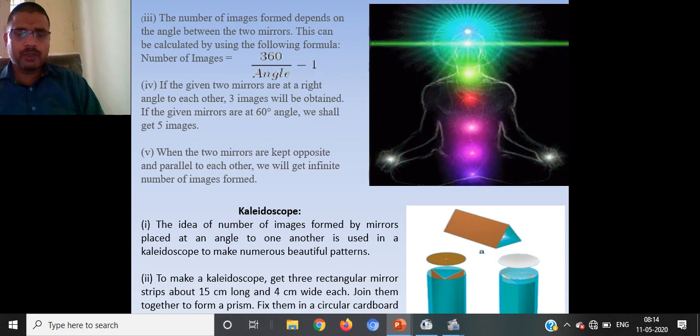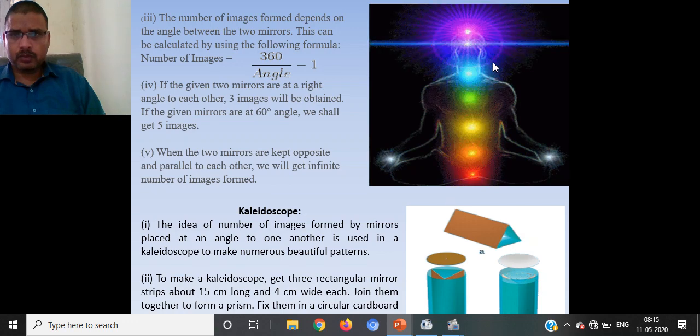Now today I am going to discuss a new concept called the kaleidoscope. Here you can see there is a kaleidoscope.